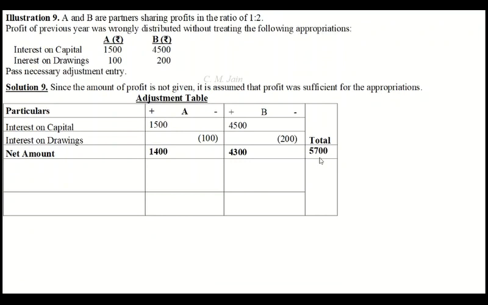How much profit would have been left after these appropriations out of 10,000? 10,000 minus 5,700, that is 4,300. But actually the profit distributed was the entire 10,000. That means 5,700 excess profit was distributed. In which ratio was it distributed? It must have been distributed in the profit sharing ratio 1:2.